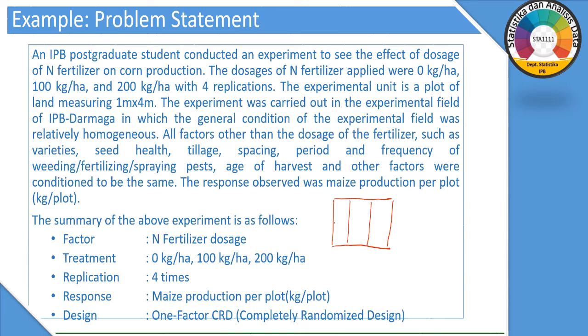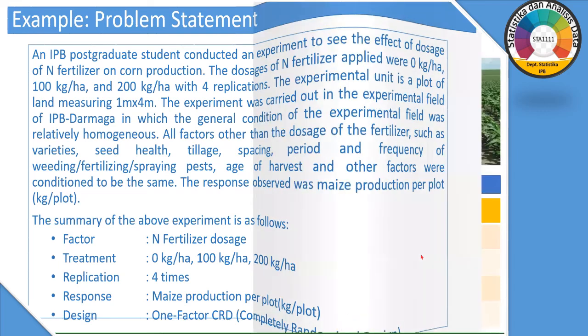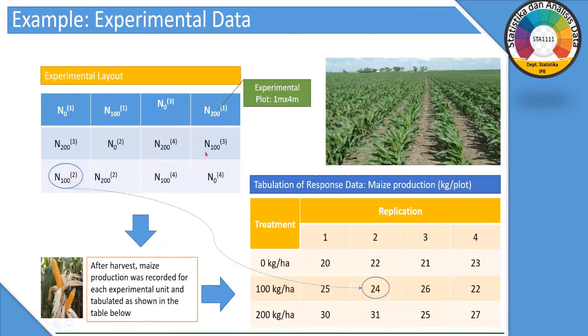Okay, 3, times 4. So similar to this perhaps, right? So here, one plot here. This one is, let's say, 1 times 4 meter square. So in total, you need to have 12 plots. 1, 2, 3, 4, 5, 6, 7, 8, 9, 10, 11, 12. So here, because this one is 3 times 4. Okay, so this is one factor CRD. So the layout is perhaps like this.